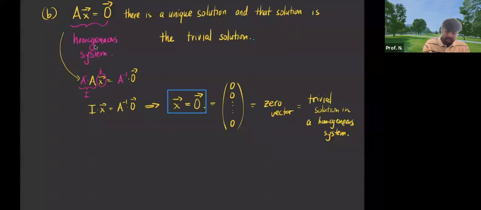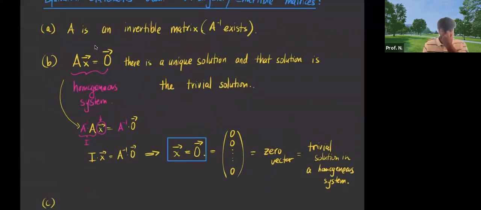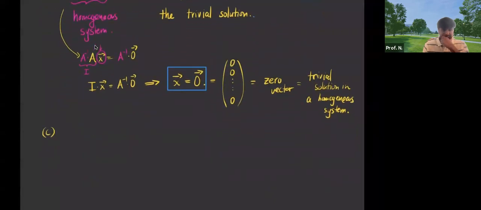Okay, what's another statement associated with invertible matrices? An invertible matrix has a homogeneous system that has only the trivial solution. What else?